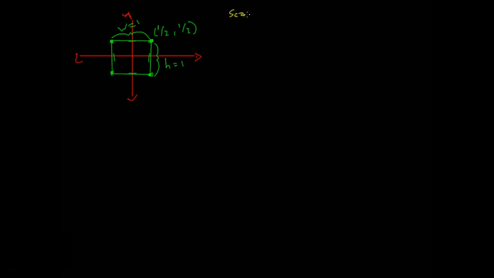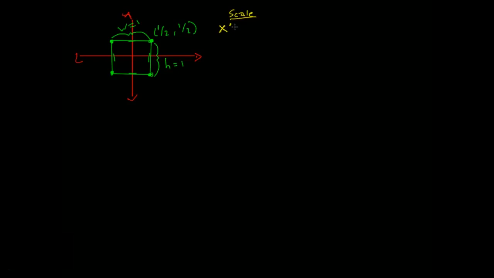So if you want to scale, let's say this particular rectangle, let's write it as x prime. So when I say x prime, it's the new position of the x value of this point. Whenever I say x prime, I'm talking about the new position.